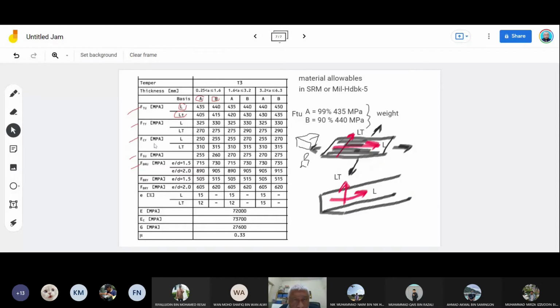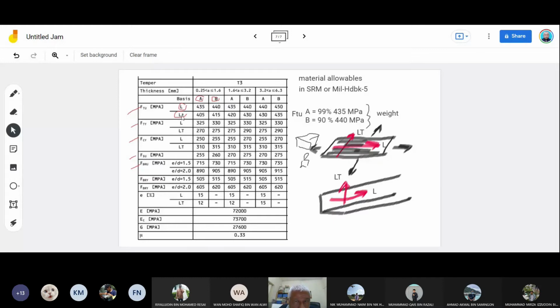That's why you need to make assessment whether you need to use A or B, L or LT. You use A for primary structure, B for secondary structure. So you can see it's a bit conservative here.